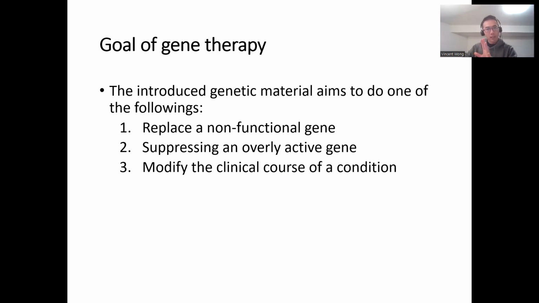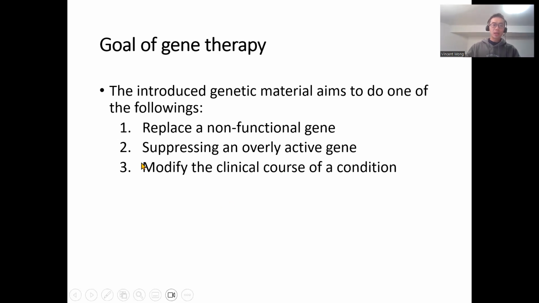But again, only if the condition has not already created some kind of irreversible damage. If it has created irreversible damage, then the gene therapy will not fix that damage, but moving forward, it will prevent further consequences from the disease.